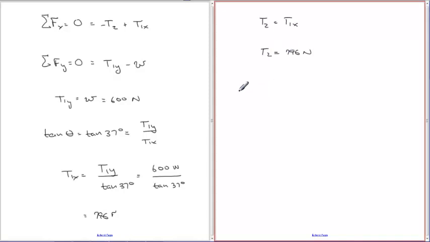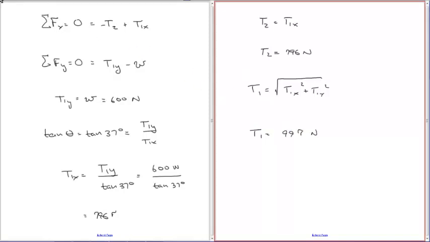And then finally, to find T1, we have to use the Pythagorean theorem to find the resulting tension. So we do T1x squared plus T1y squared. Those are the two sides of the right triangle. And so the length of the hypotenuse, which is also the resultant force, is just the square root of the sum of the squares. So we take 796 squared plus 600 squared, and we take the square root of that, and we get 997 newtons.